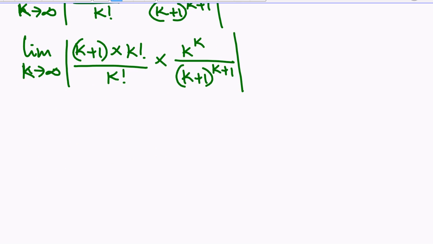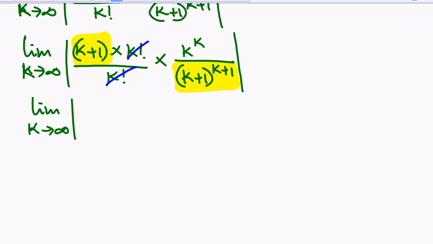All right, so what we'll end up with here is these guys will cancel. So we have the limit as k approaches infinity of the absolute value of... all right, now if you look at these guys here, we can simplify them. If you apply indices, you can simplify those.